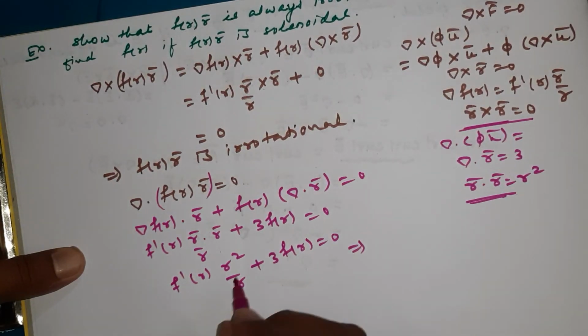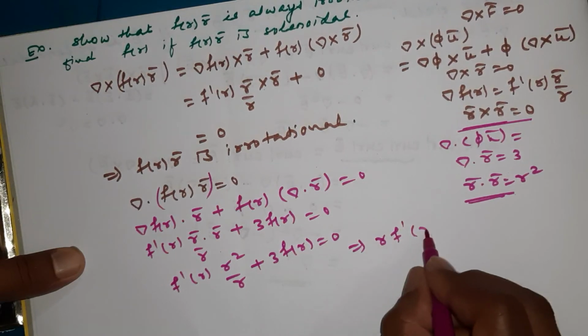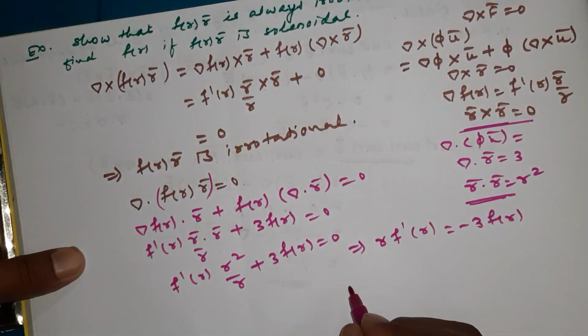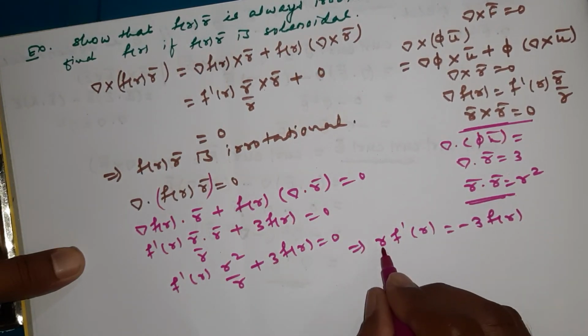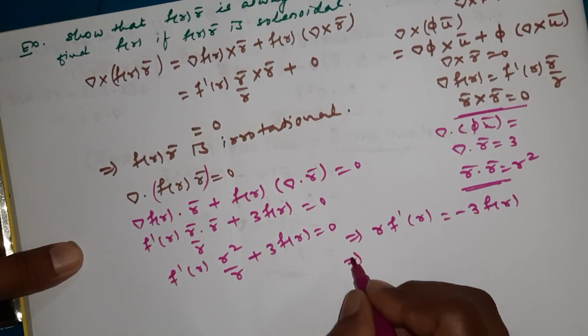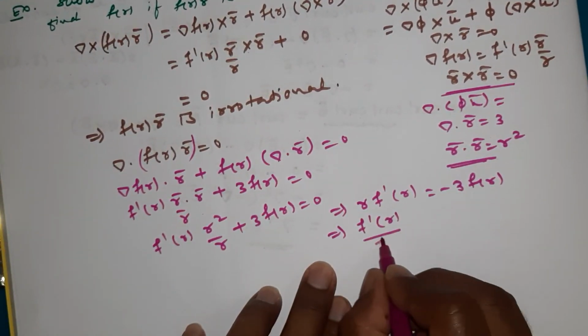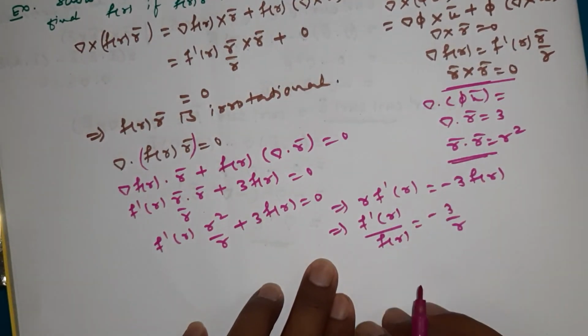This implies one r gets cancelled. r into f dash of r is equal to minus 3 f of r. Now I transfer this f of r to the LHS and this r to the RHS. Yes, note this step. f dash of r upon f of r is equal to minus 3 upon r.